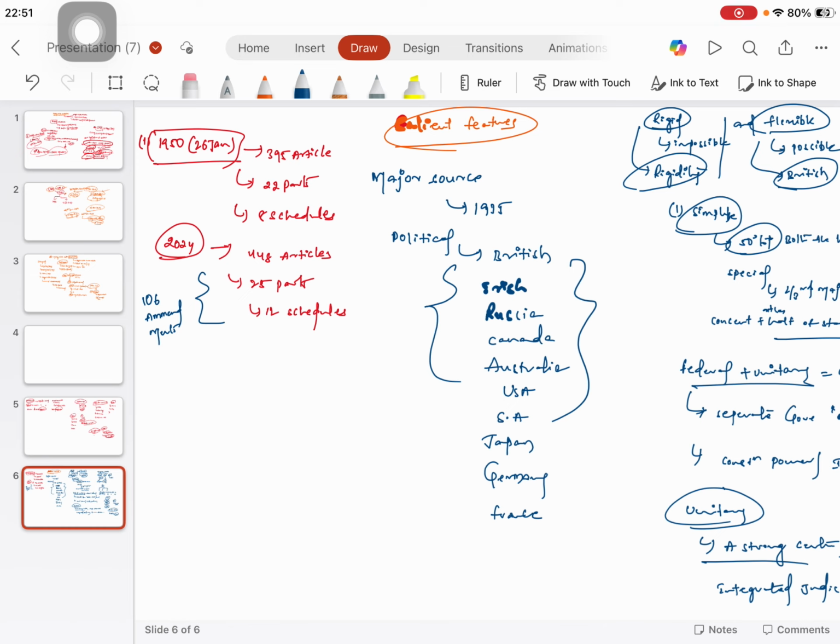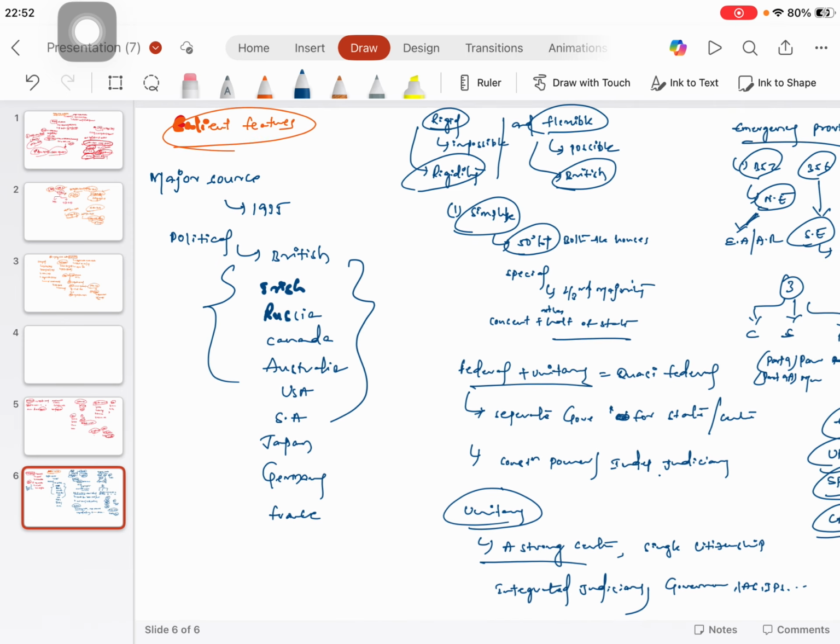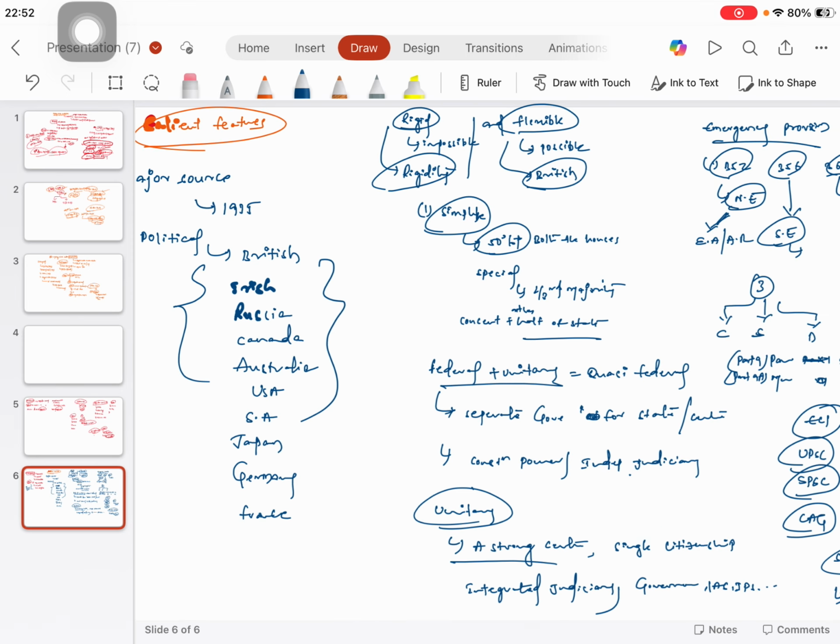Federal features: independent judiciary, center and state government powers, and constitutional power. Unitary features: strong center, single citizenship, integrated judiciary, center appointing governors and IAS.